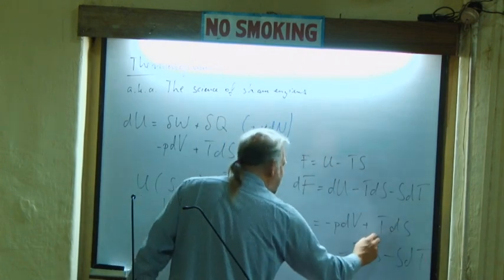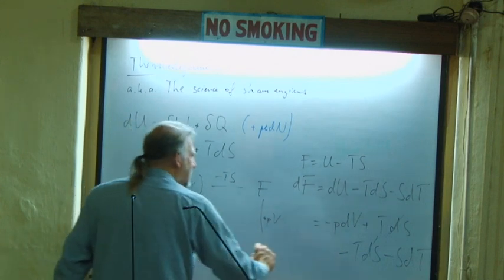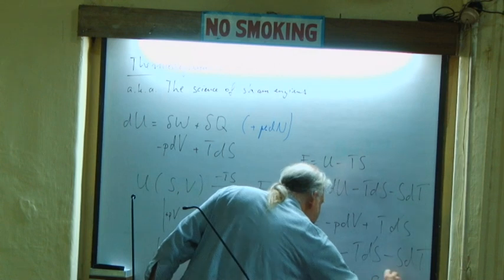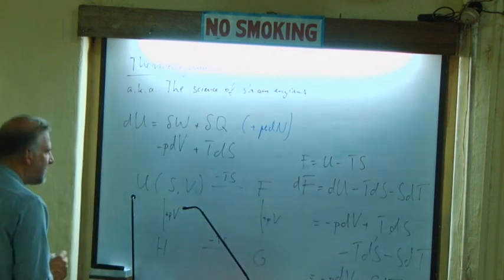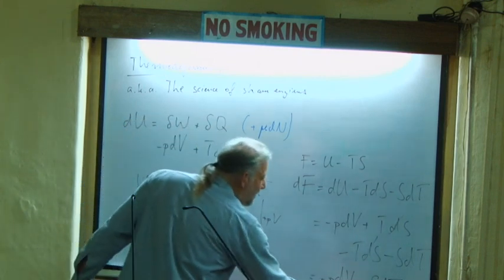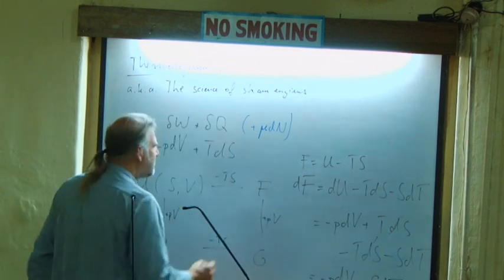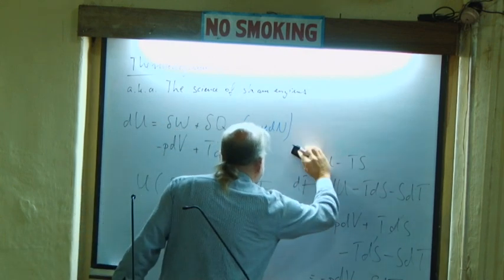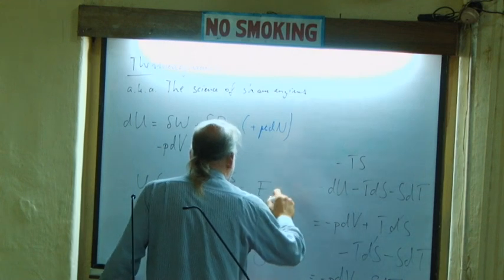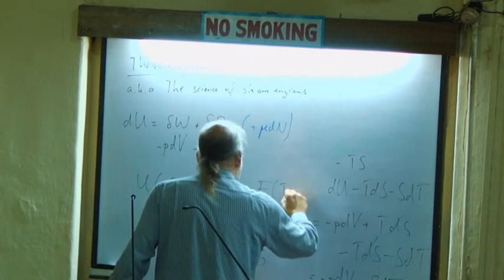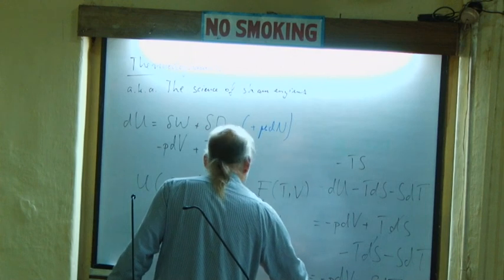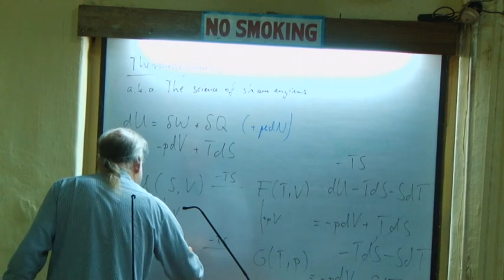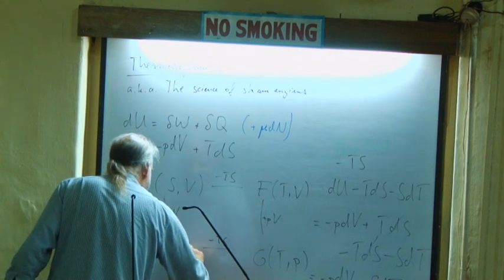You see that these two cancel, and that in the end I get minus PdV minus SdT. Which means that now my variables here are V and T. So I will just write the variables. So this depends on T and V, and this depends on T and P, and this depends on S and P.